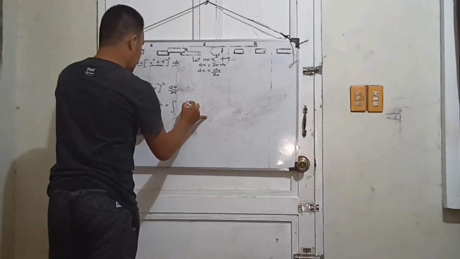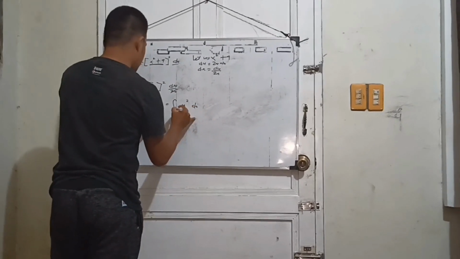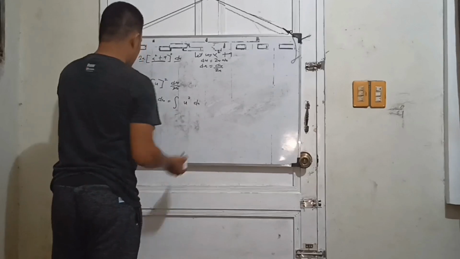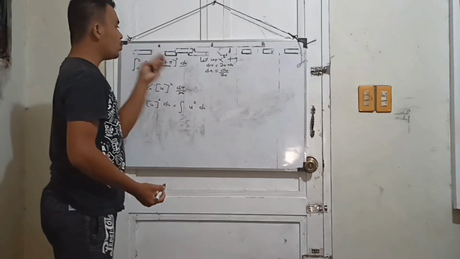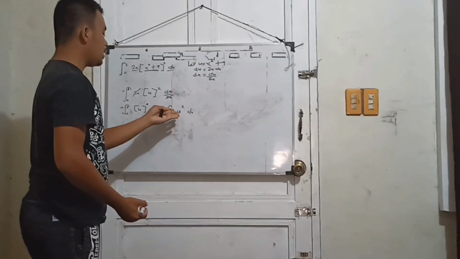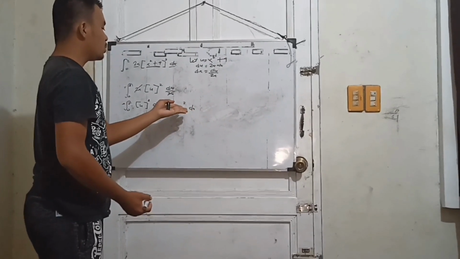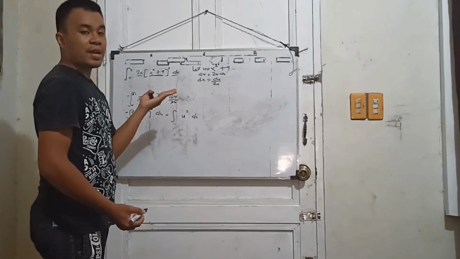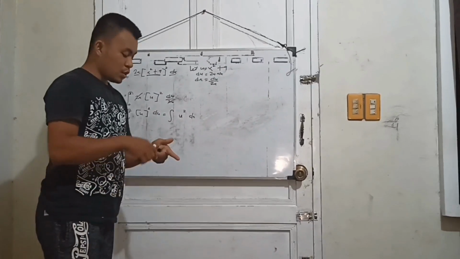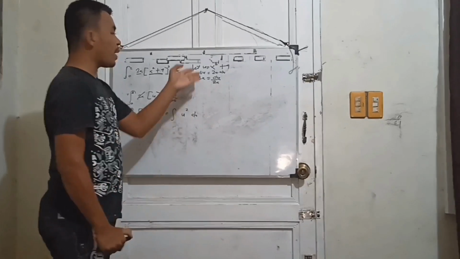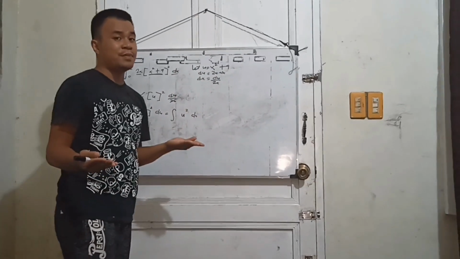We can take down that du. But since we cancelled out the x and we left du and u in our expression, we will now change its limits. We can't use the limits of x because we don't have x anymore.